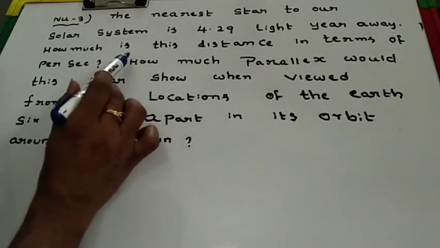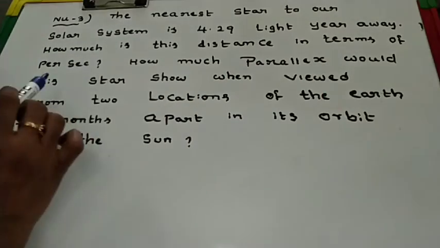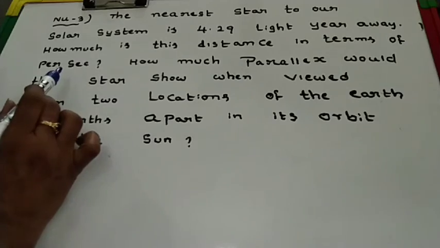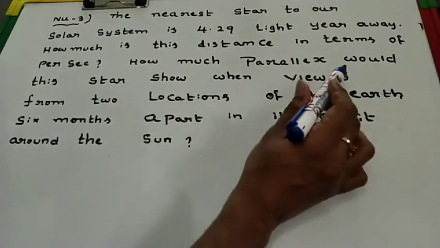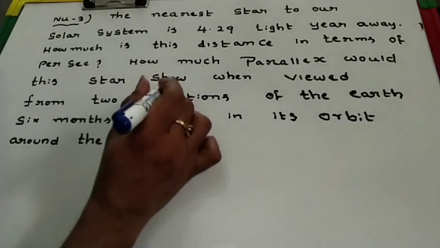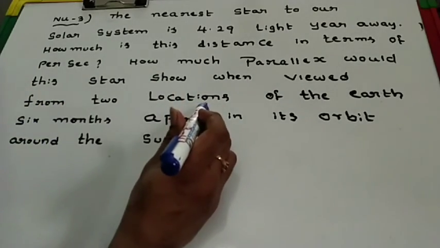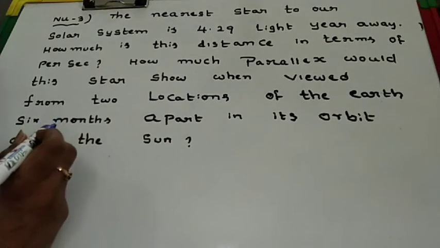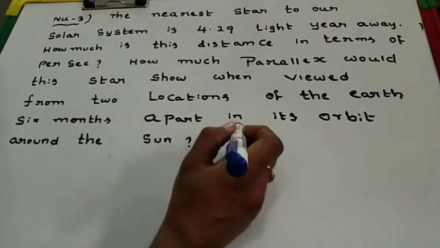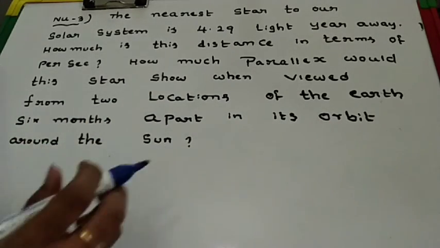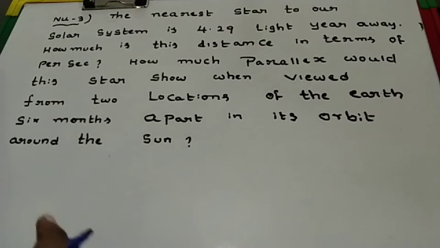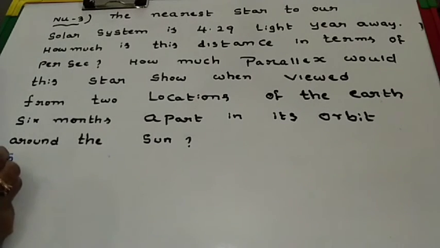How much is this distance in terms of parsec? How much parallax would this star show when viewed from two locations of the earth 6 months apart in its orbit around the sun? This is the question. Now go for solution.